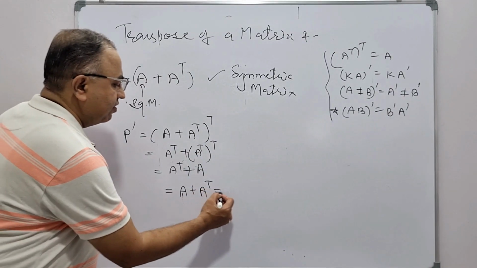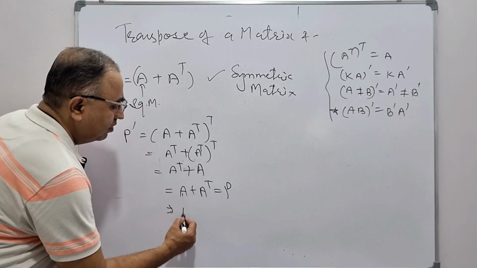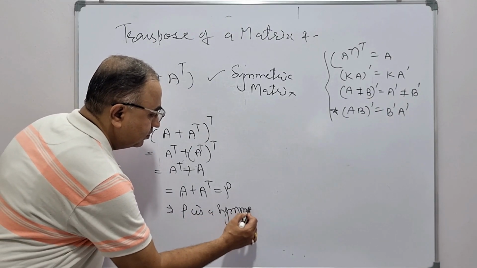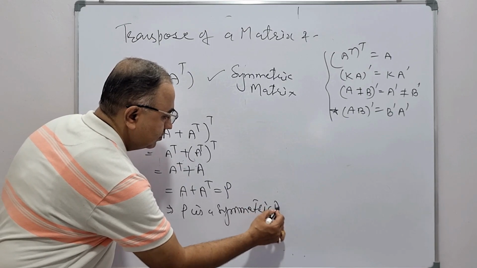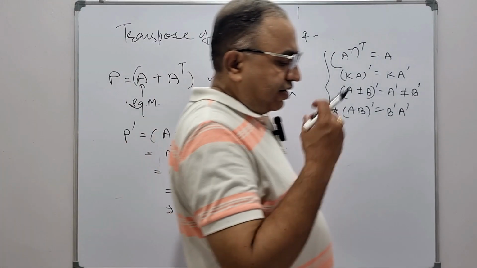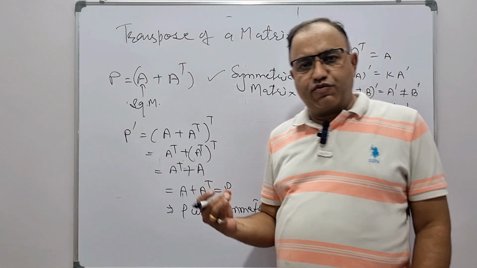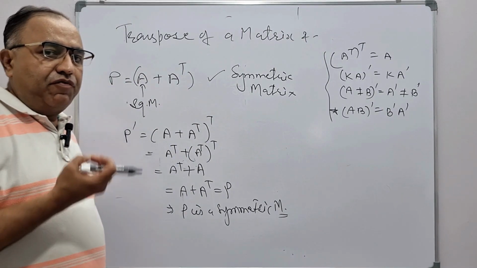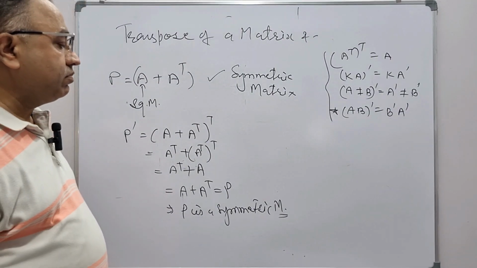So what you get? P dash is equal to P. What it shows is that P is a symmetric matrix. So whenever you add the transpose of a square matrix to the square matrix, the result will always be an example of a symmetric matrix.